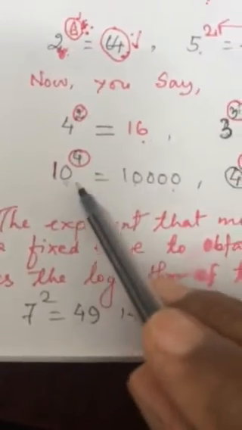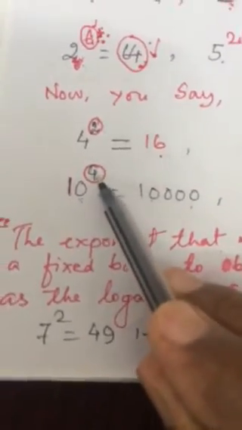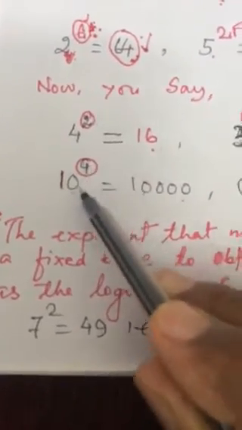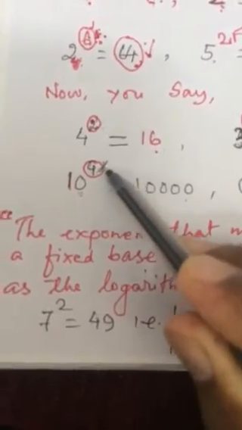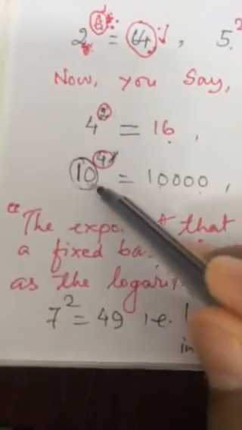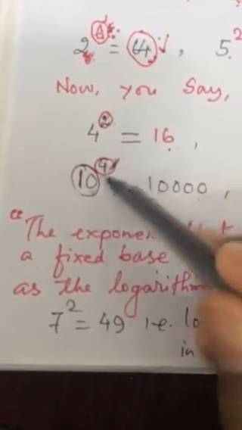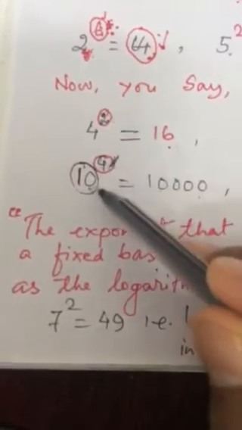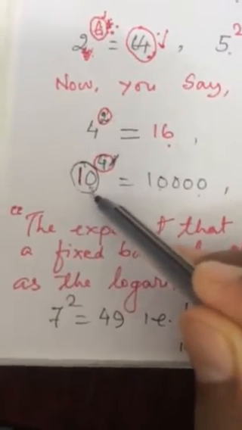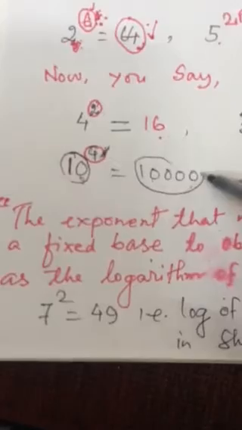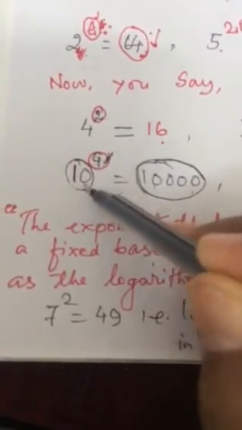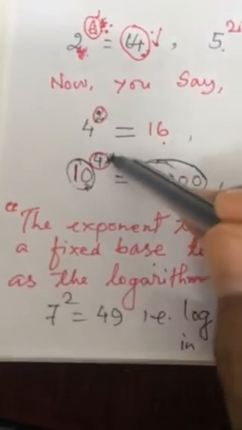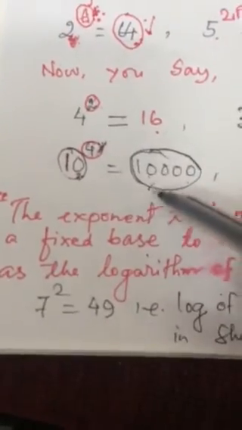I told you here, the exponent that must be raised as power to a fixed base, this is the fixed base, and what exponent must be raised here to obtain this fixed value.